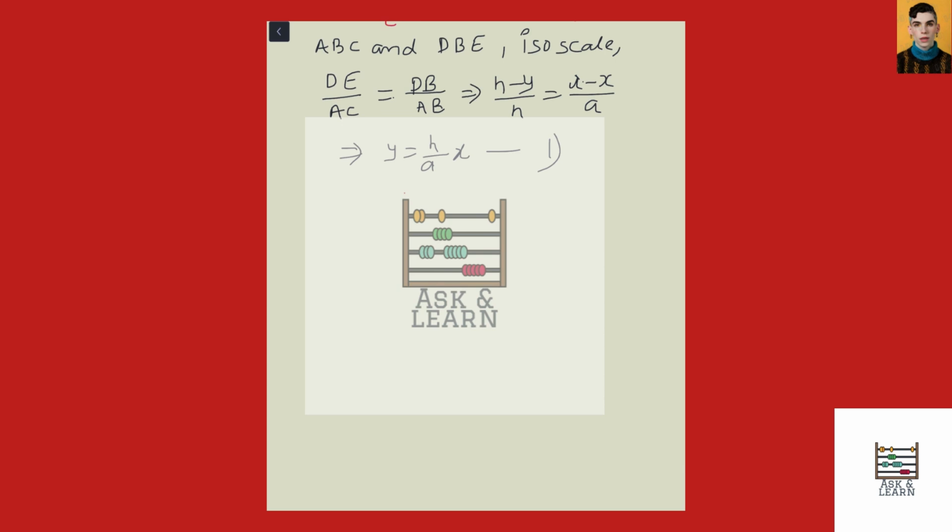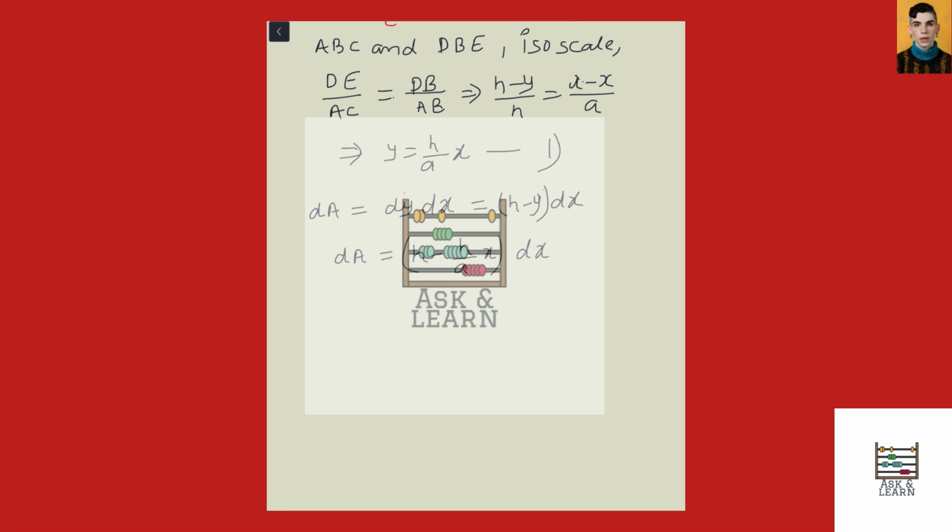Okay, so from the geometry again, the elemental area dA can be written as dy multiplied by dx, which will be equal to (h minus y) multiplied by dx. From equation 1 I can put the value of y into this equation to obtain dA as (h minus h by a multiplied by x) into dx.